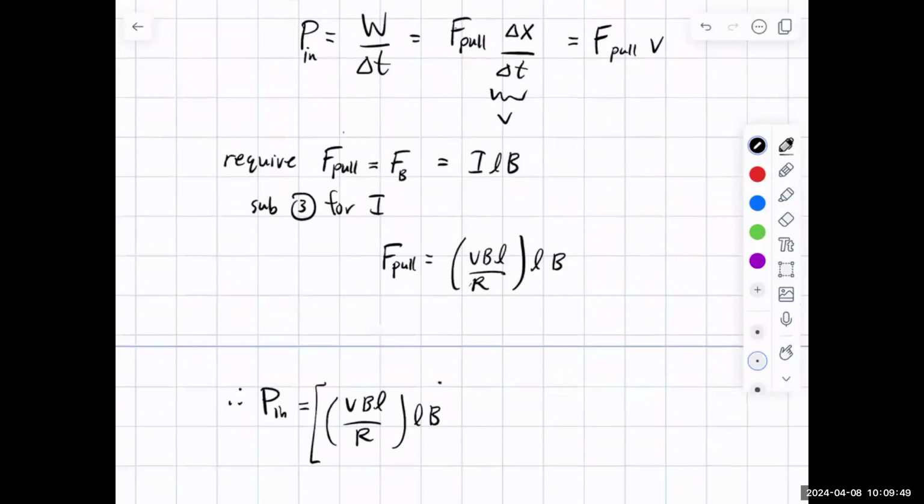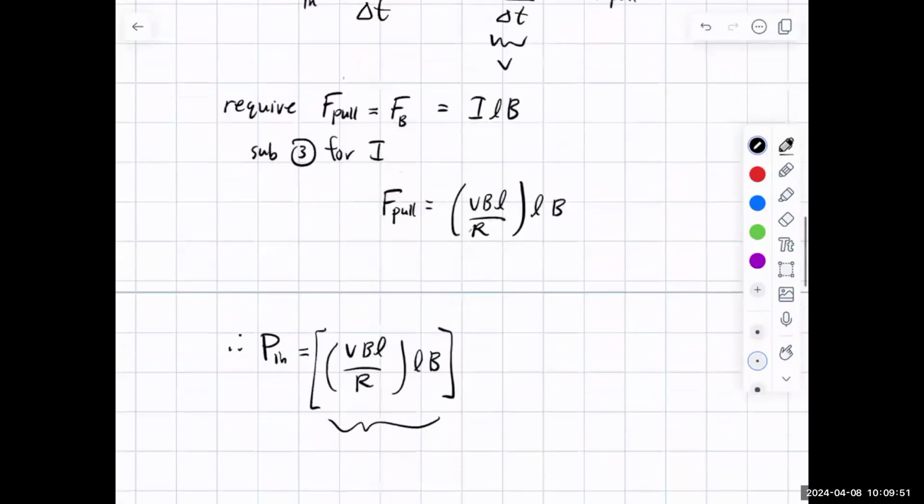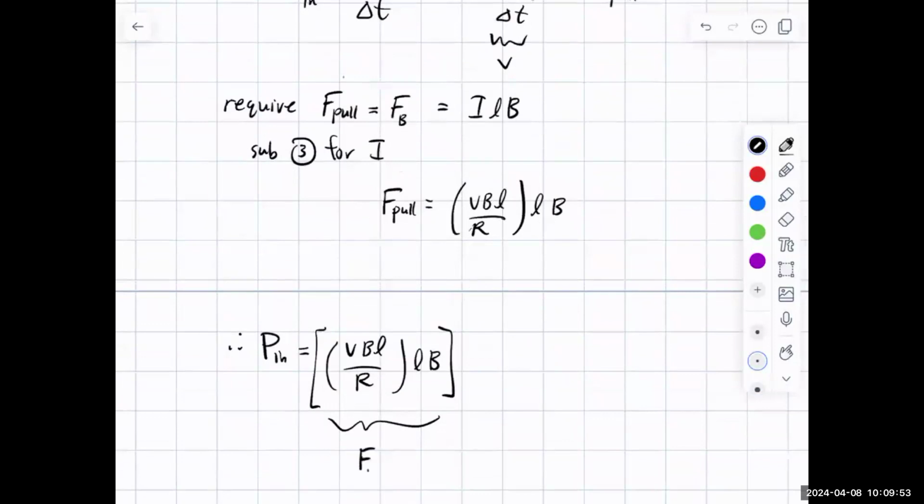So this is all of the pulling force, and then we have to multiply by the speed. And so now when you look at this, we have in the numerator VBL times VBL.